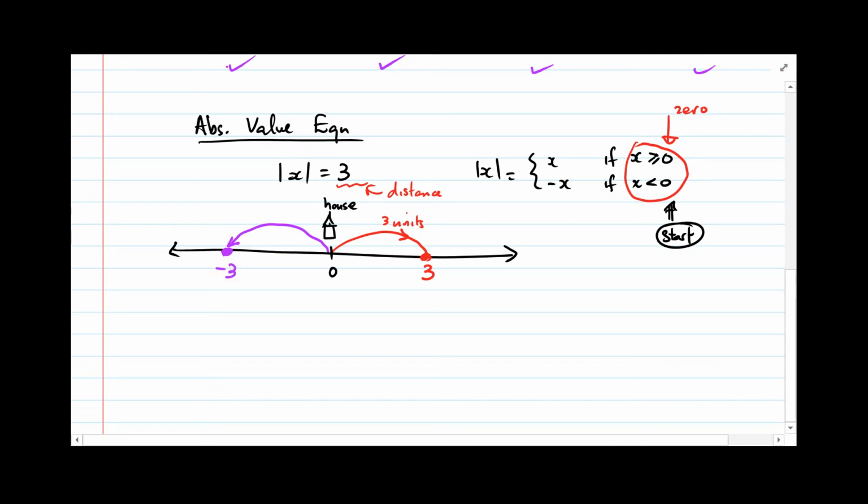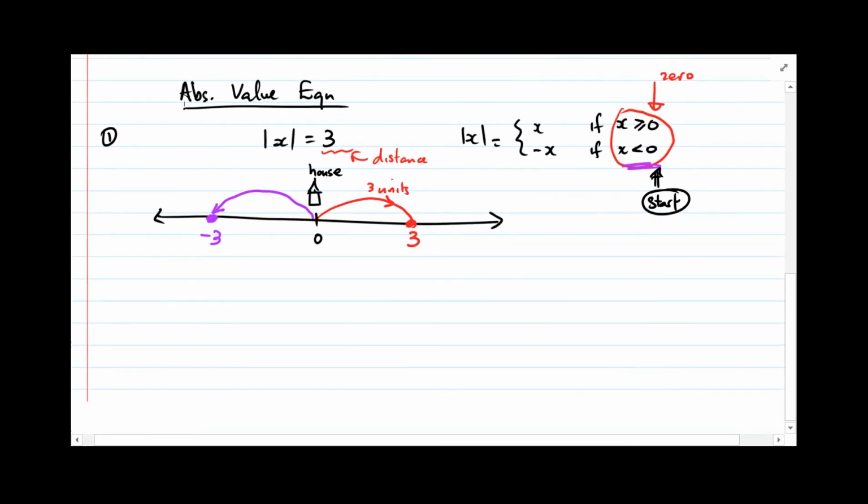So graphically we are looking at where I start, and that starting point is given from the expression inside the absolute value. And how much I move will be the number on the other side of the equal sign. As I said, it's only going to be some equations that we are going to be able to solve in this way.